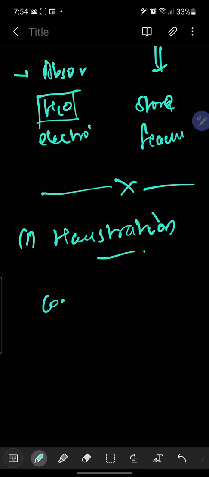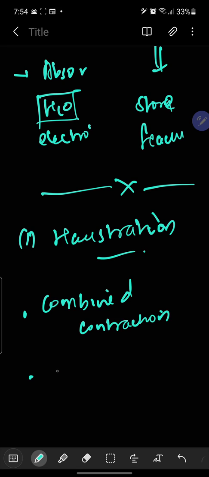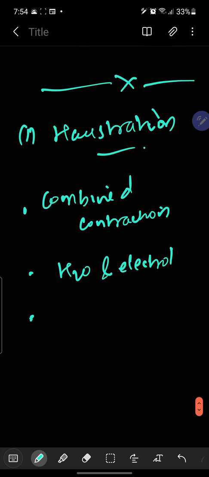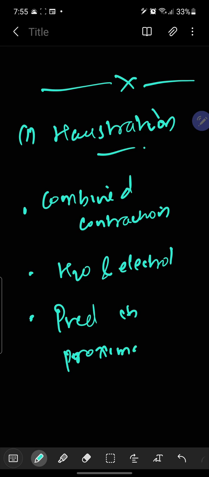Their combined contraction is called haustrations. It helps in absorption of water and electrolytes. It predominantly takes place in the proximal colon.